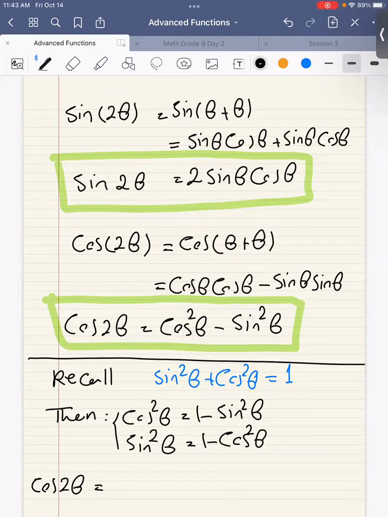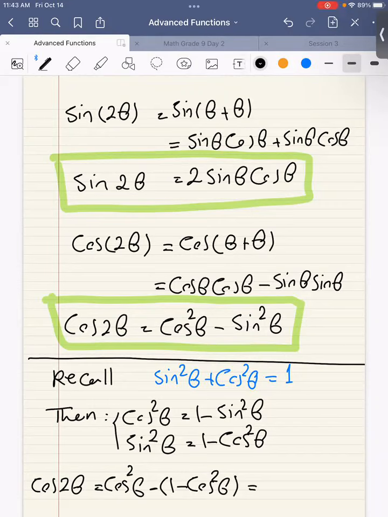So if I write sine square of theta as 1 minus cos square, I get cos square of theta minus, because this is sine square, 1 minus cos square of theta.